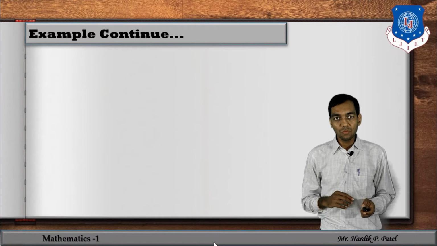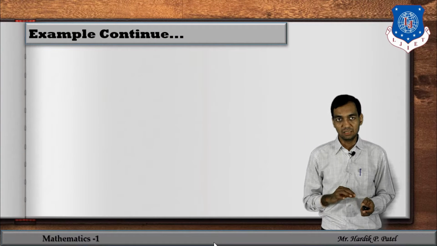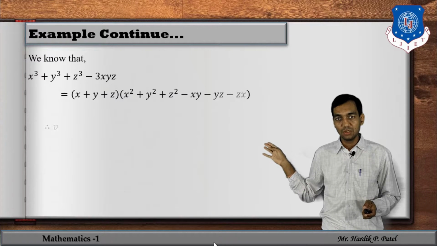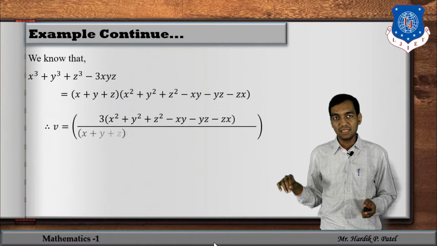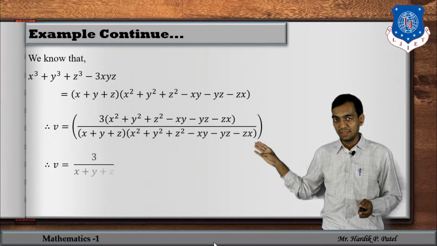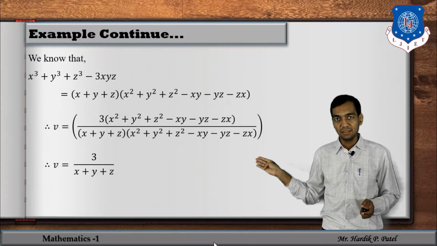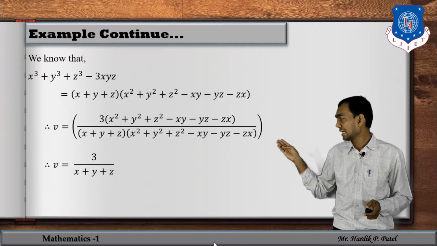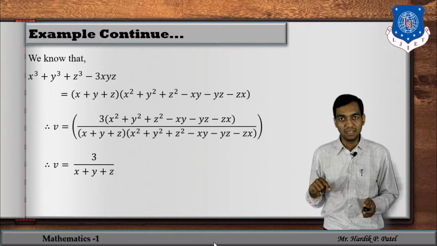Now, we are going to use the factorization. We are already aware that x cube plus y cube plus z cube minus 3xyz has two factors: (x plus y plus z) into (x square plus y square plus z square minus xy minus yz minus zx).